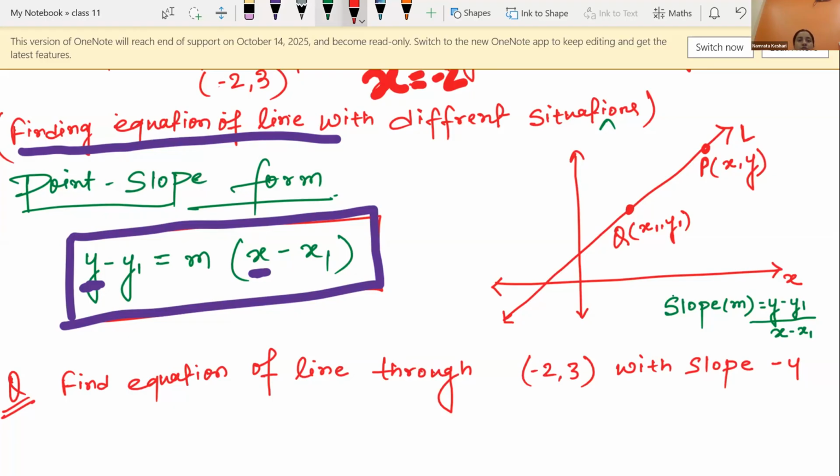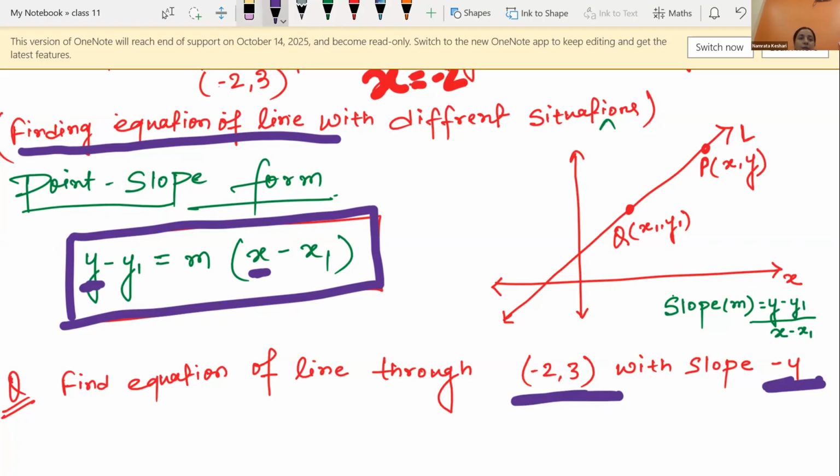Now the question says find the equation of a line through this point with this slope. Back to back, I'll be giving you 4 5 formulas. So you just need to understand by reading the question that in this question, 1 point is given and the slope is given. That means we need to use point slope form.